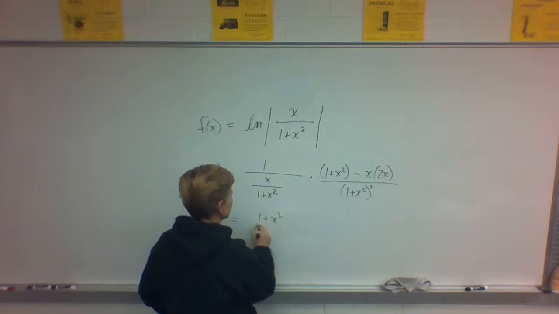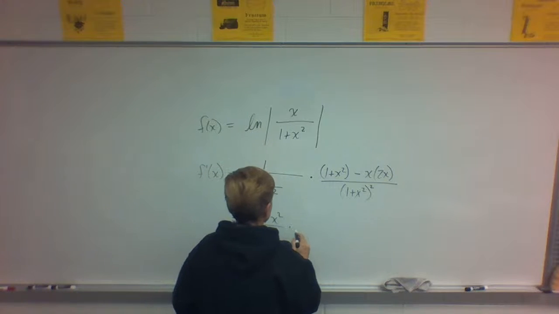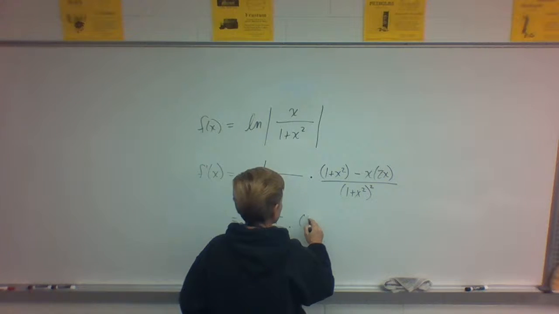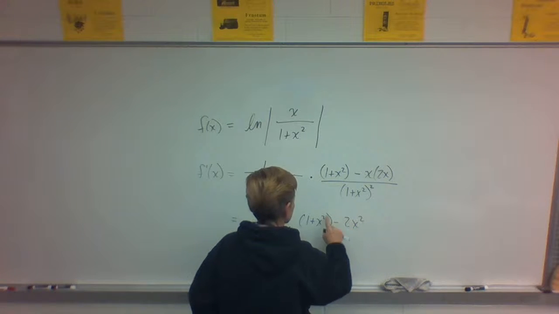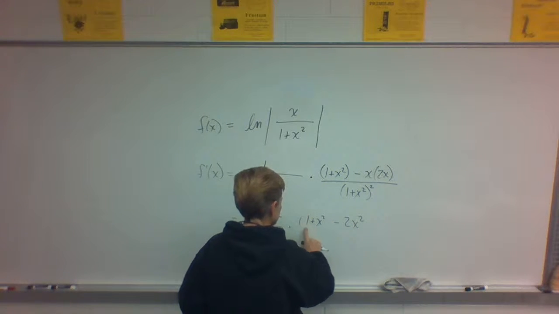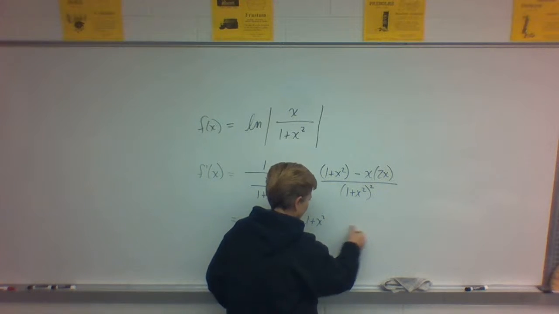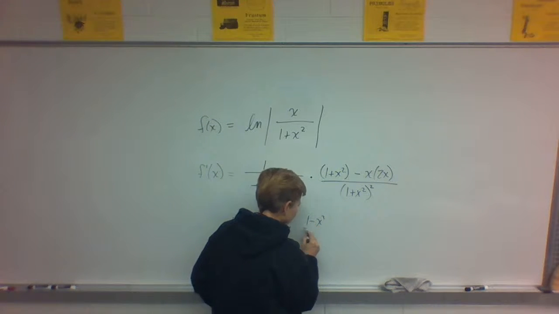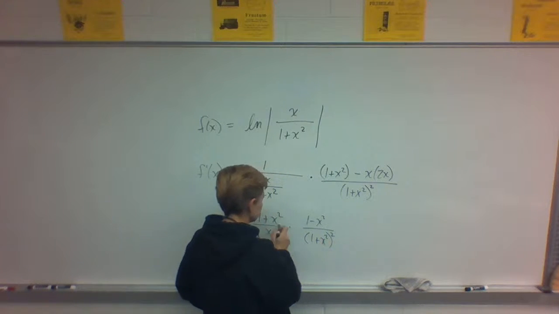1 plus x squared over x. I'm just flipping that one over. Let's get rid of the 1 plus x squared in just a minute. 1 plus x squared minus 2x squared, which is 1 minus x squared, yeah? Yeah. 1 plus x squared, and you're right, we'll lose one of these.